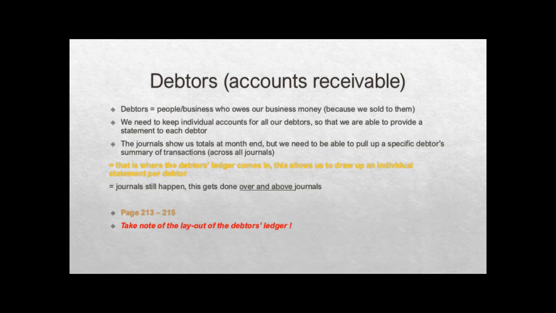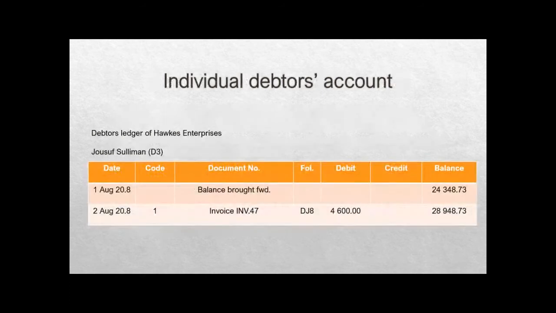So it shows all the month's transactions. You start with the opening balance, and then it will show each transaction individually. Then you take all of that information to work out the rolling balance, to work out how much is outstanding by that person. So let's quickly look at what the format looks like so that it makes more sense.